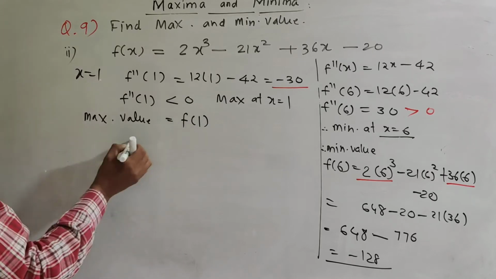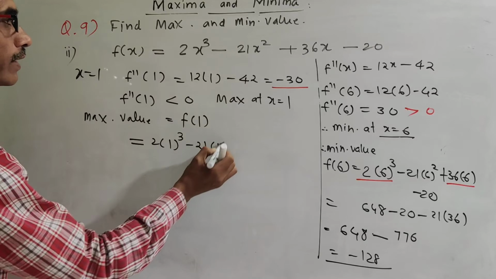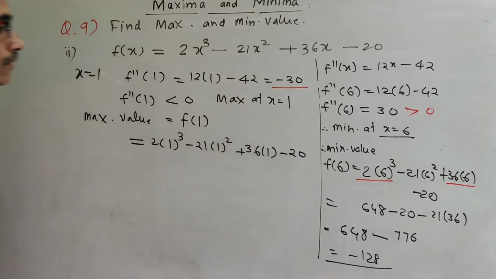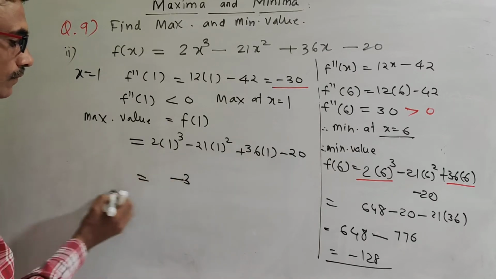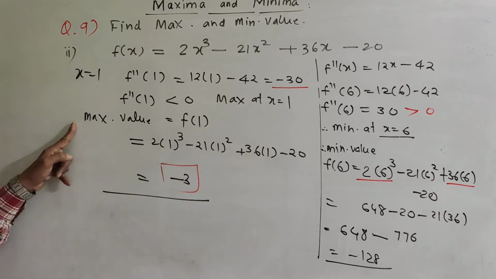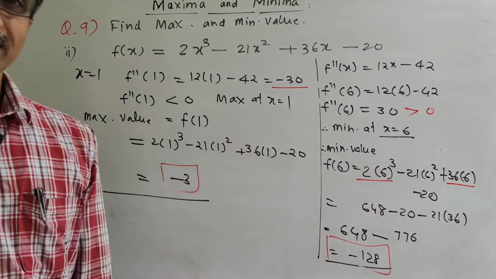So f of 1 will be 2 into 1 cube minus 21 into 1 square plus 36 into 1 minus 20, and after solving this it comes out to be minus 3. So minus 3 is the maximum value, and the minimum value is minus 128.